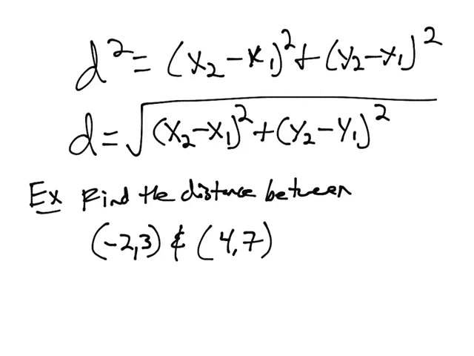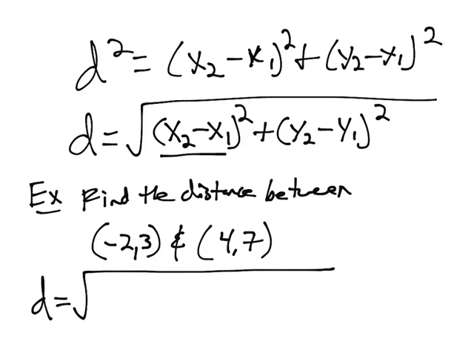So we can find the distance between these 2 points by taking the square root of the difference in the x-coordinates. So it doesn't matter which number you pick first because you're squaring it. But I would get in the habit of making sure that you line up your x's and y's in the same order, because when it matters, then you don't have to think about it because you're already in that same habit. For example, down here I would do negative 2 minus 4 squared.